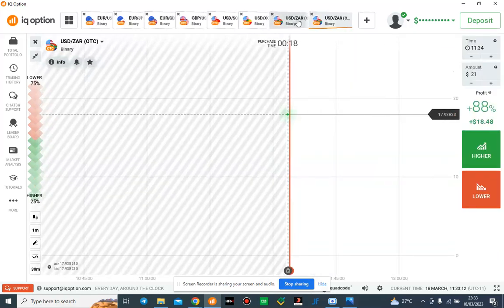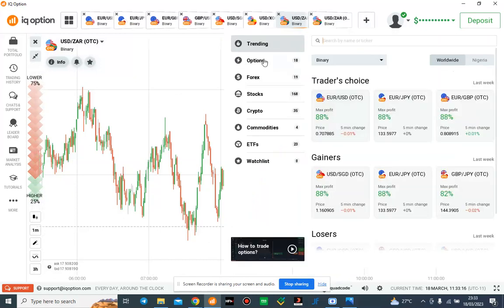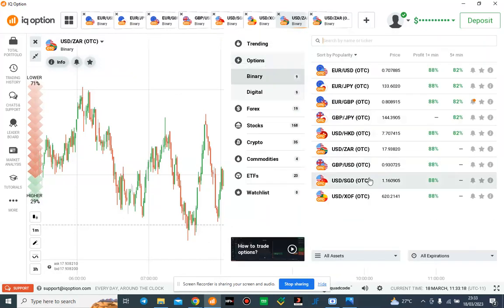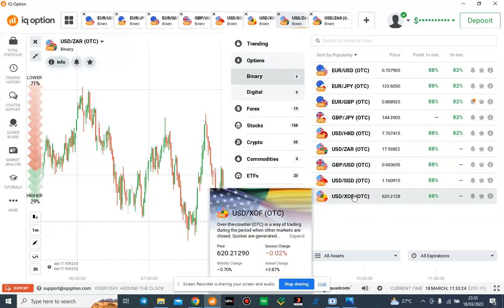So it's kind of, so that means whenever you are trading, you should always observe so many things before you open your trade.